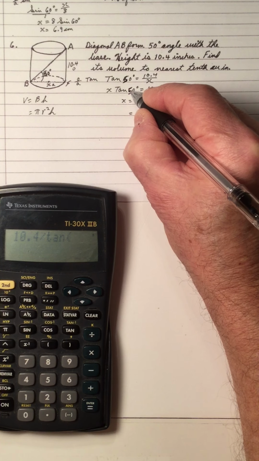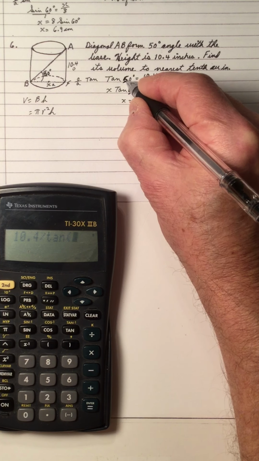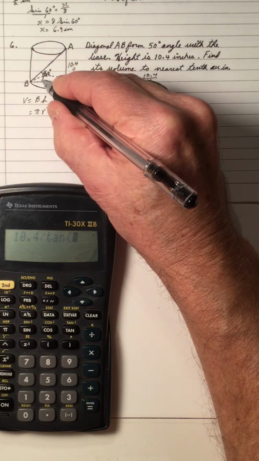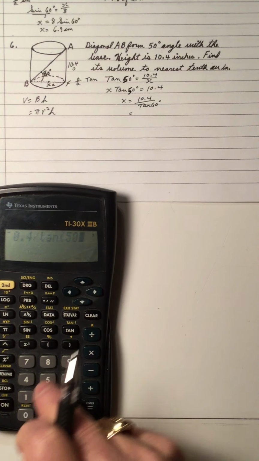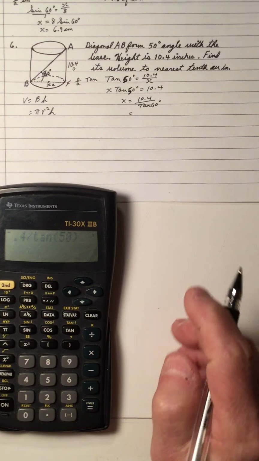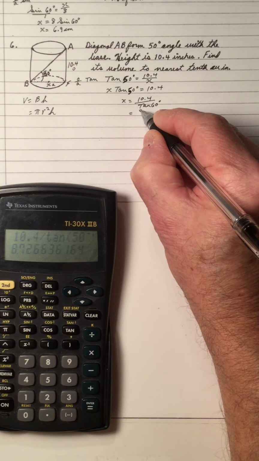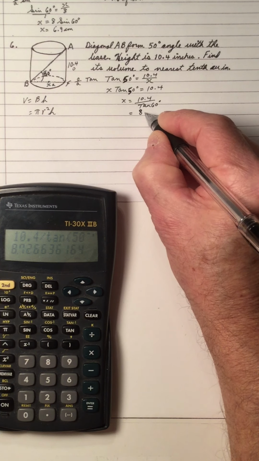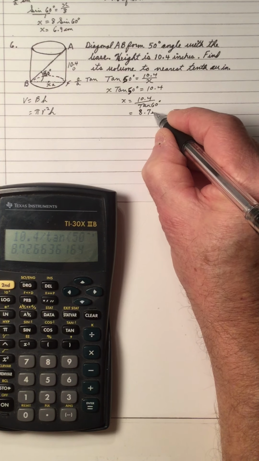That's the problem I have when I'm talking. Sometimes I don't think. That's a 50-degree angle here, because I said 50. So I have to do the tan of 50, and that gives me, to the nearest tenth, 8.7. And that's inches.